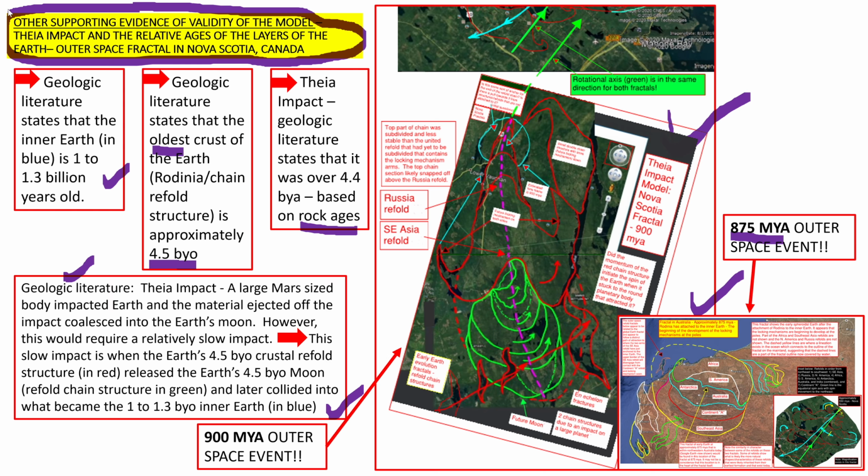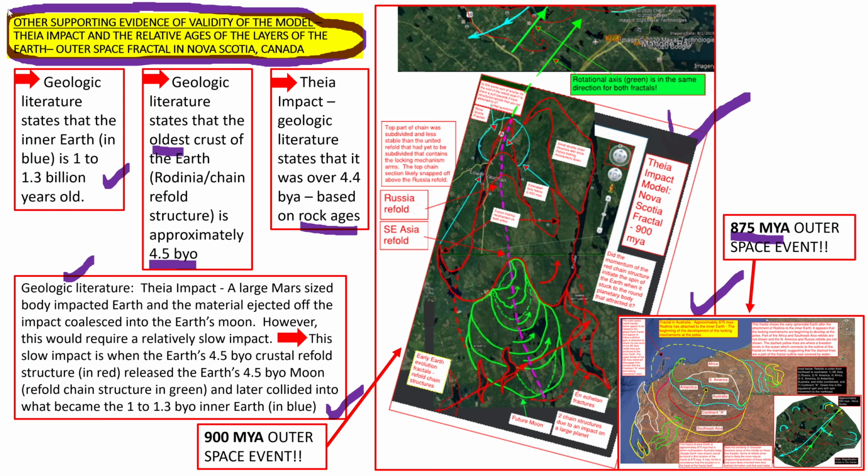And the geologic literature says it has to be a slow impact. I'm thinking that it was probably relatively slow when this red refold chain structure, that's Rodinia, went to the inner Earth here, and it didn't blow it apart or anything. It just gently landed on it and tried to stabilize its components on it, and that took some time. It took some shifting around, as we saw, till the Southeast Asia refold shifted down and anchored to the inner Earth.